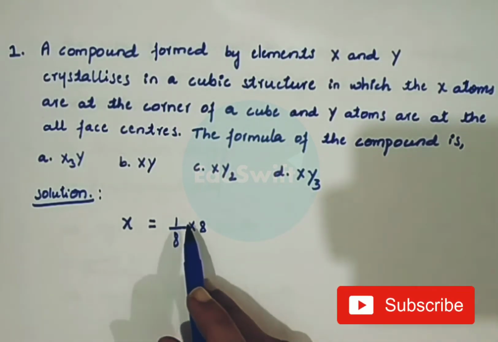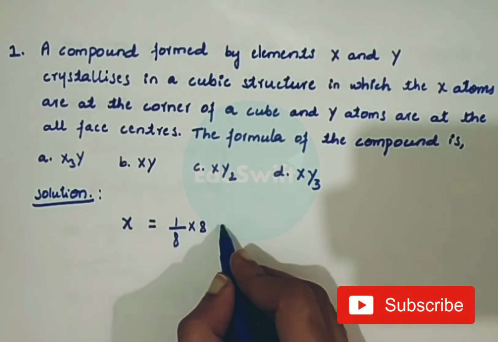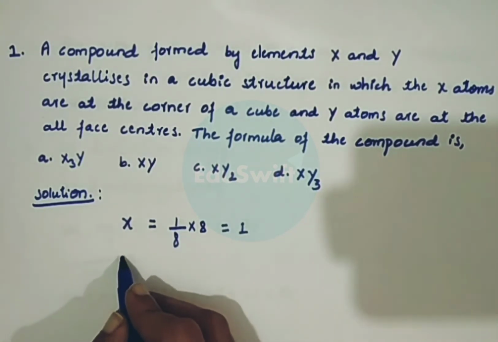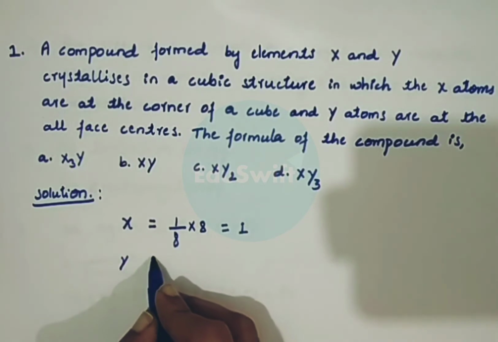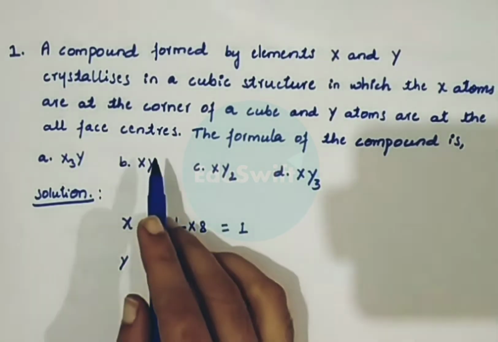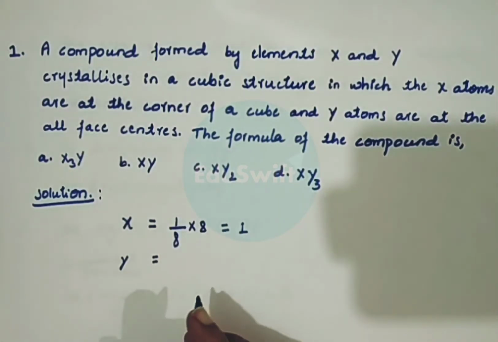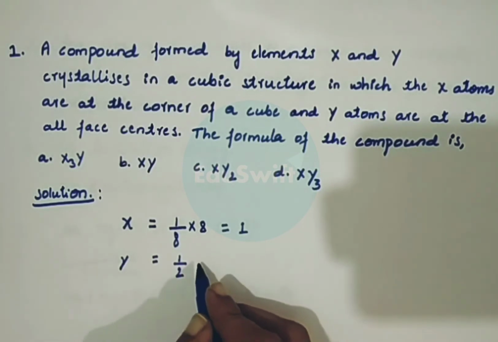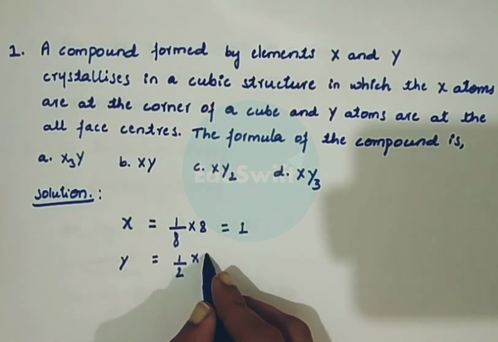Here it is given that Y atoms are at all the face centers. So the contribution of Y is 1 by 2 into 6, because here each atom is equally shared with 1 other unit cell and a cube has 6 faces, so it is 1 by 2 into 6, which equals 3.